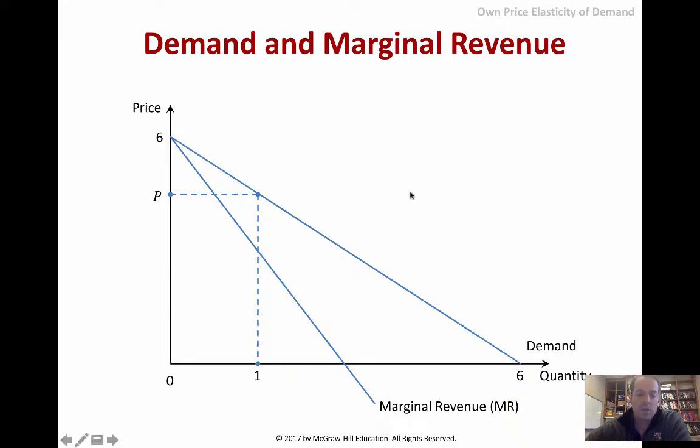Most times in at least economic textbooks, we'll be looking at straight line demand curves, and there's a mathematical property that you can look at. I think the book gives maybe a little more of the derivation, but essentially this marginal revenue curve starts at the same vertical intercept and slopes down twice as quickly.